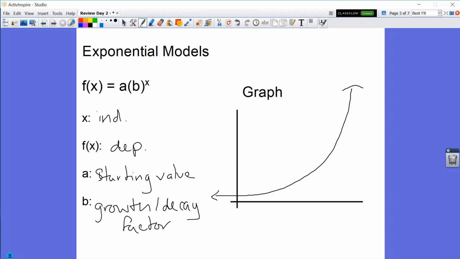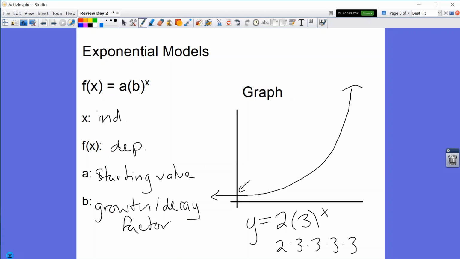So if our equation was like y equals 2 times 3 to the x, this tells me that I'm starting at an initial value of 2 and I'm multiplying by 3 each time to get to my next value. In our graph, that starting value or initial amount generally shows up as our y-intercept. And then our growth or decay factor is telling us how quickly or slowly our graph is growing.